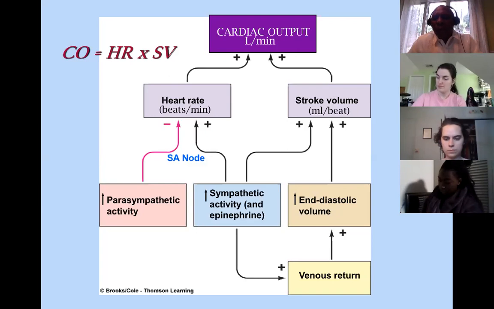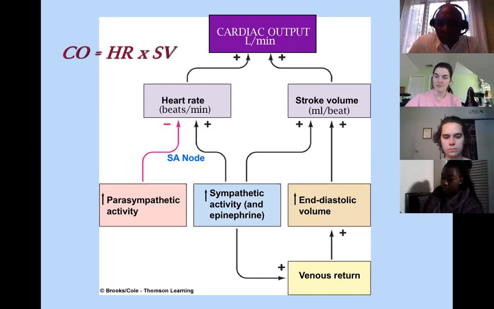And for professional, the elite athletes, their cardiac output can go as high as 20 liters per minute. That's massive. But that's for the elite athletes. The average is between 4 to 5 liters per minute.